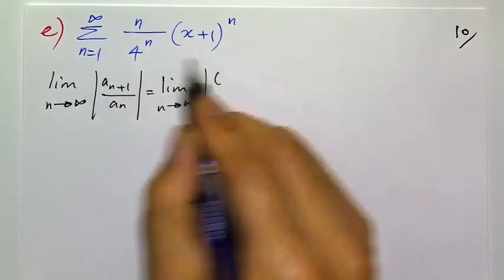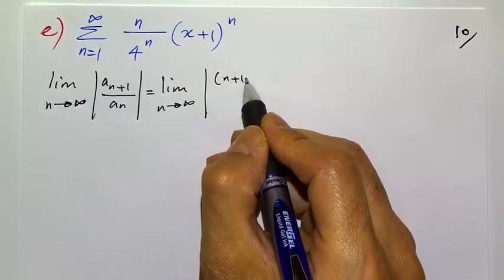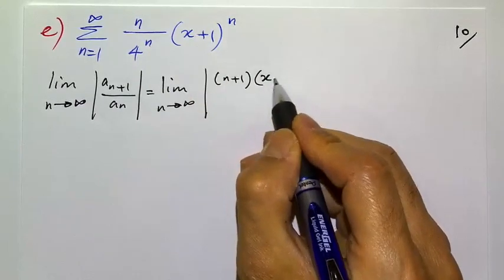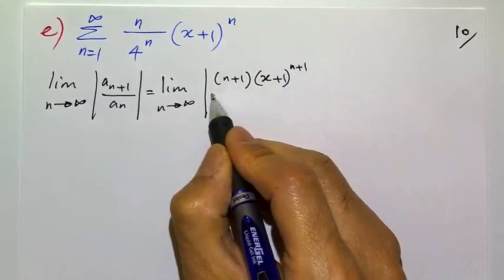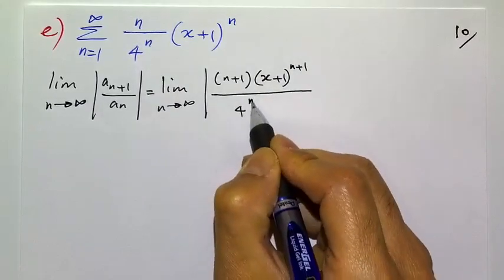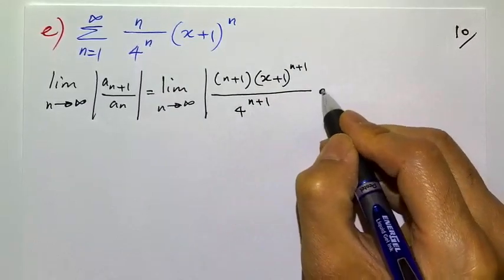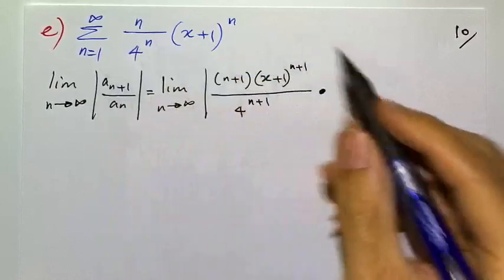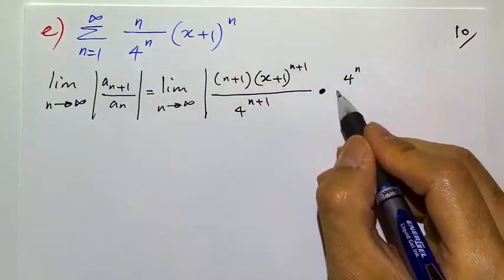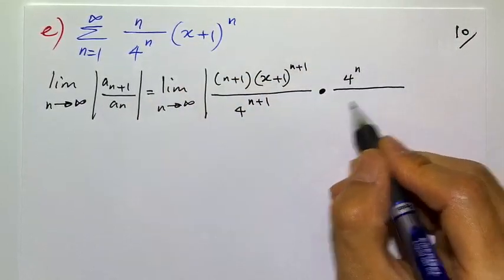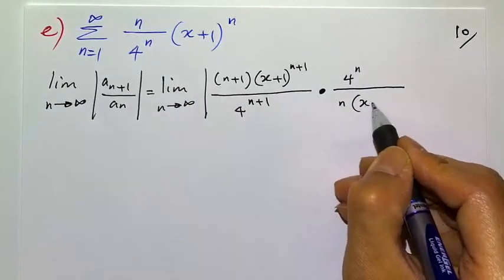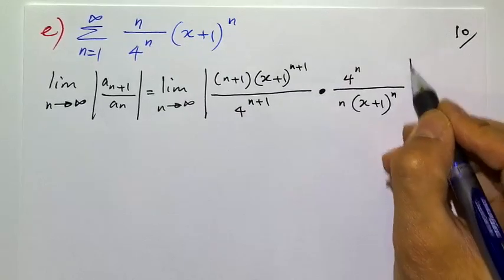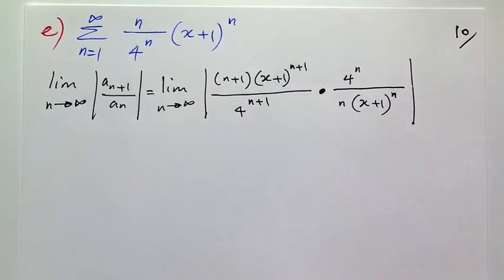So we have n plus 1 times x plus 1 to the n plus 1 power divided by, of course, 4 to the n plus 1 power. Multiply that by, flip this, we have 4 to the n power divided by n times x plus 1 to the n power inside the absolute value.